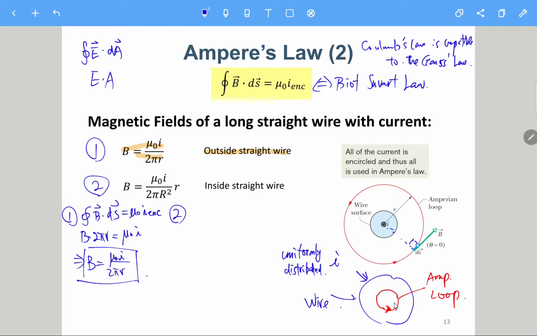So when we consider I enclosed, we can only count the inside part, but not the outer part. We assume the radius of the wire to be capital R.